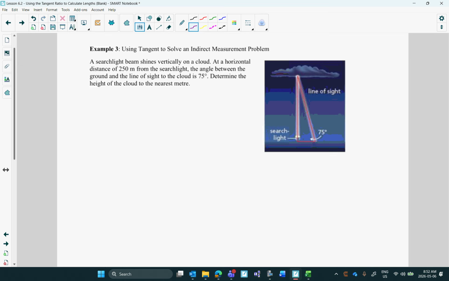So we have a searchlight beam here that is shining vertically up on a cloud. At a horizontal distance of 250 meters away from the searchlight, so that means this is 250 meters.